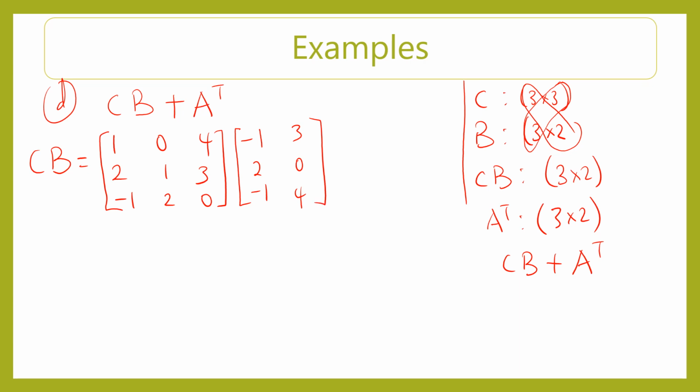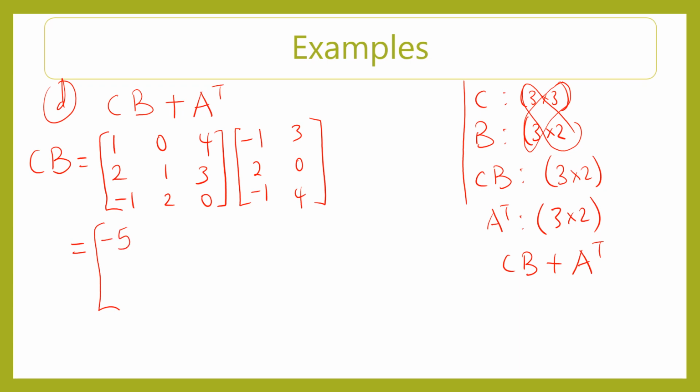I'm going to walk through this very quickly, just as we have done. So 1 times minus 1 is minus 1. 0 times 2 gives 0. 4 times minus 1 gives minus 4. So minus 1 minus 4 gives minus 5.